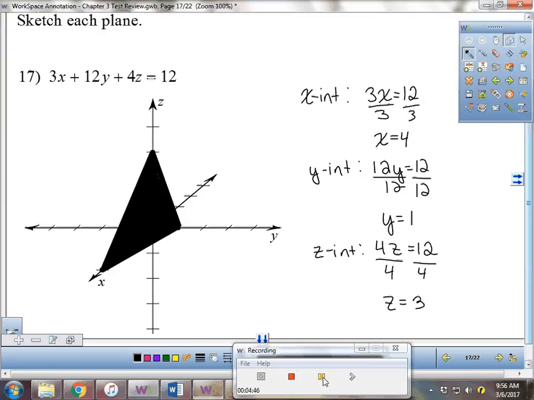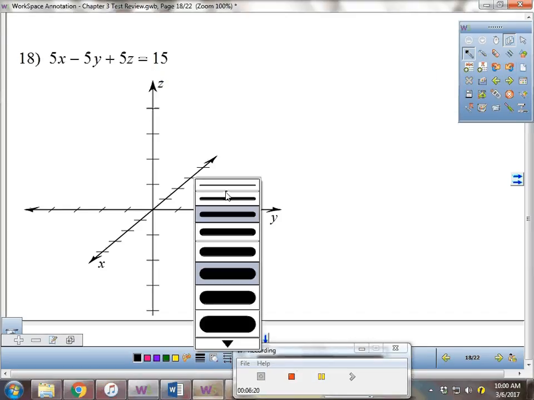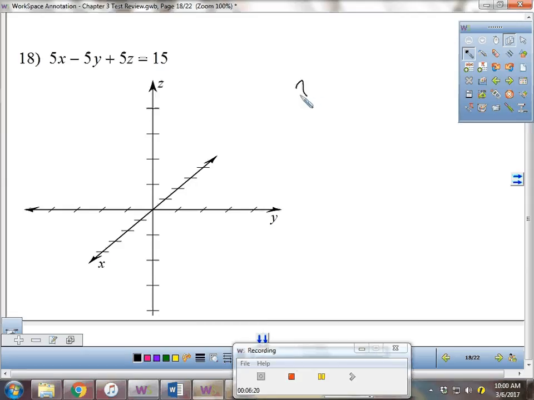Alright, so for the last one, same thing. That's too big. Alright, so my x-intercept, I'll have 5x is equal to 15. Divide by 5. And x is equal to 3. So you'll go to 3 on your x-axis, put a dot.